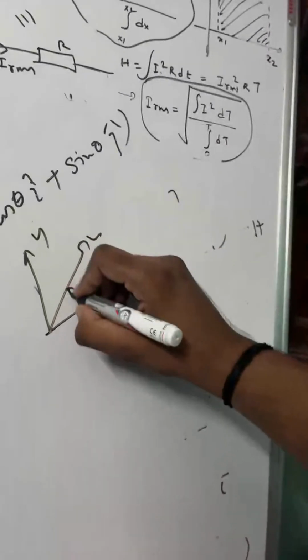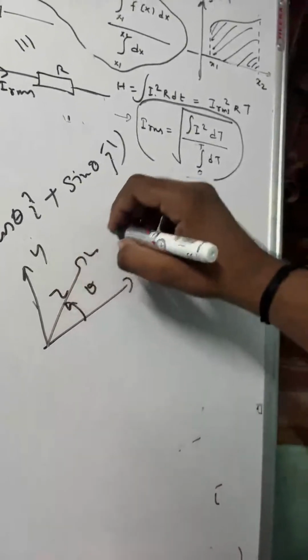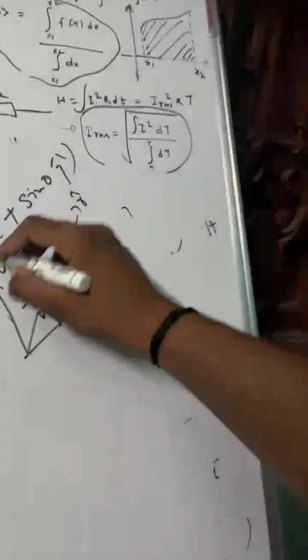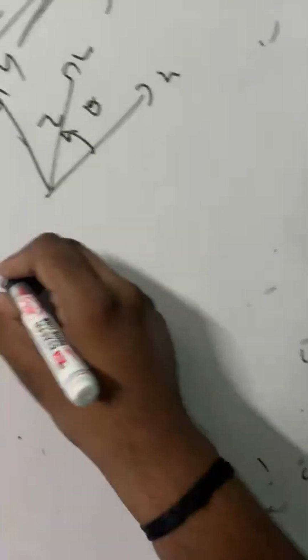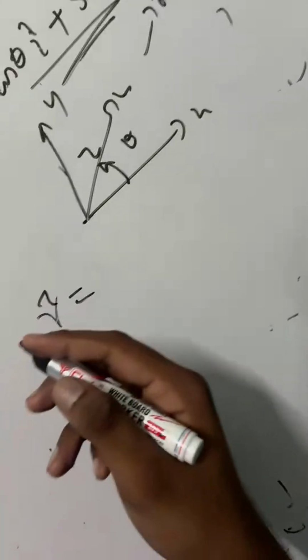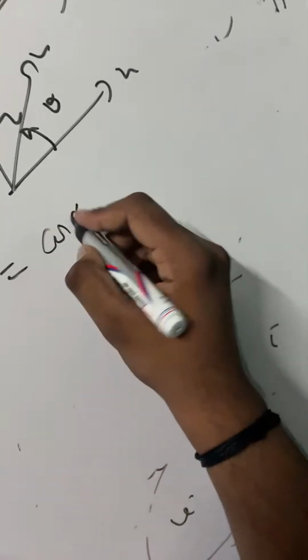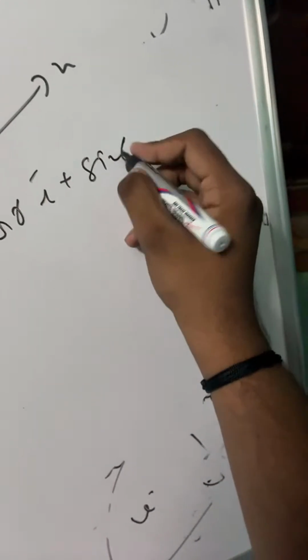Z bar is here. This is θ. This is Z. This is the r cap direction. And r cap is given by this. You know r cap, right? This is from the polar vectors. It's cos θ i cap plus sin θ j cap. I think you know that.